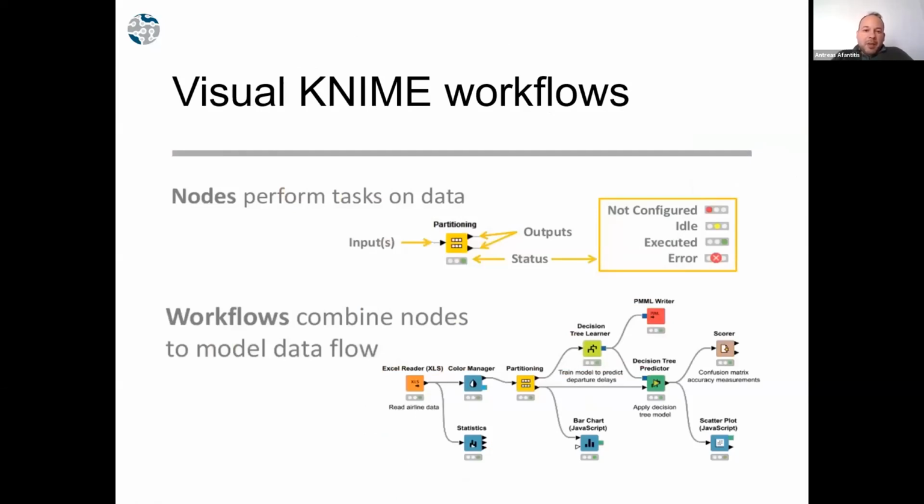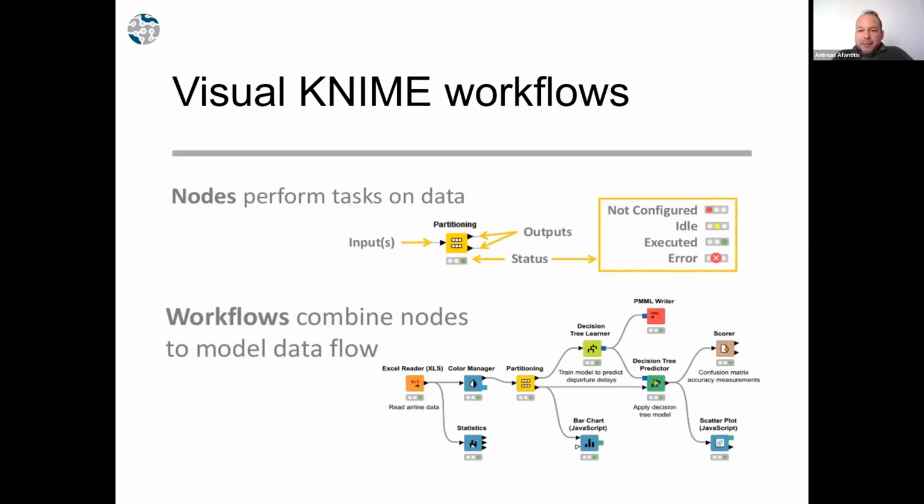This is how a workflow in KNIME looks. The concept is that there is a node, there are one or more inputs to a node, there is a procedure that is happening in the node according to particular settings, and there are one or more outcomes.